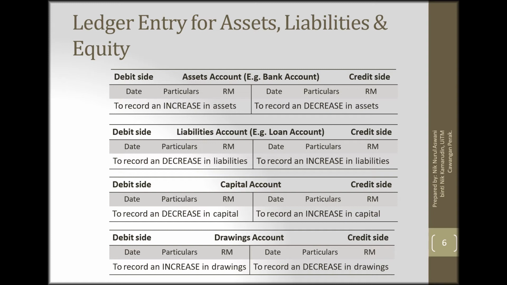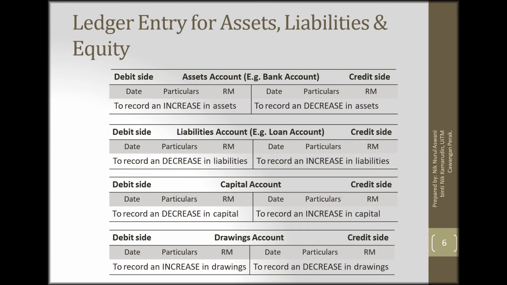Okay, for the liabilities, increase you credit, decrease you debit. Okay, similarly for capital account, increase you credit, decrease you debit. Okay, for the drawings, because drawings sit on the same side as asset, it will be similar to asset. Okay, increase in drawing will be debited, decrease in drawing will be credited.